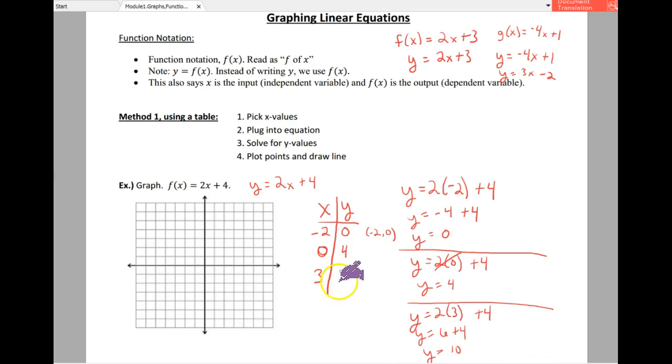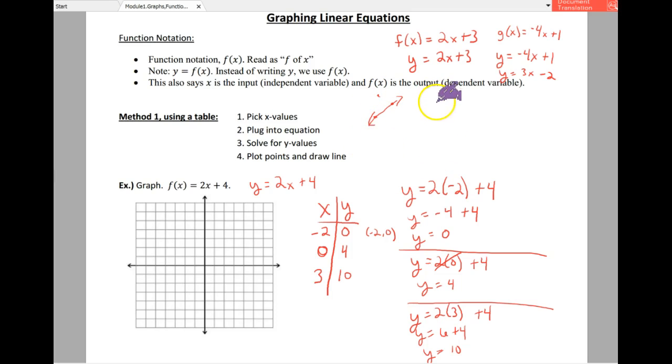So, in general, you only need 2 points to make a line. As soon as I have 2 points, I can make a line, but we recommend that you find 3 so you can check your math. If I'm supposed to be making a straight line, and I found something over here as my third point, I'd say, wait a second, this didn't work out right.